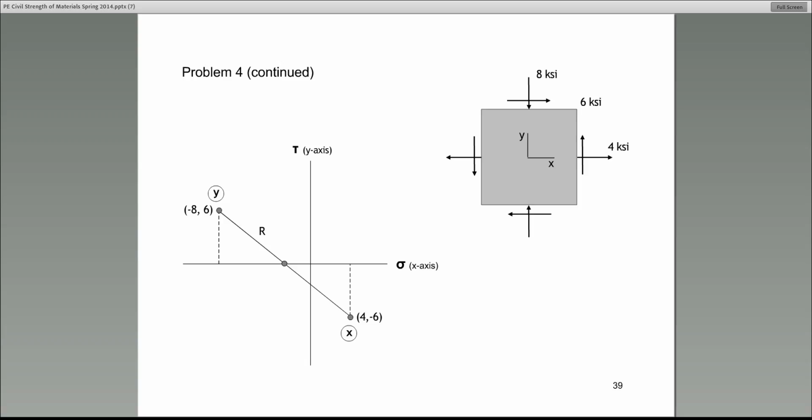So one thing we need to identify is the coordinate of the intersection of that diameter and the x-axis. And if you look at the numbers, that comes out to be -2.